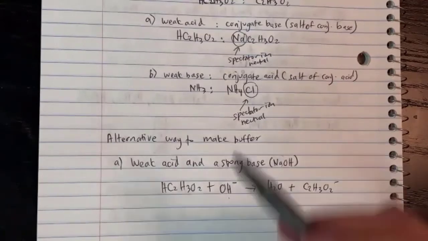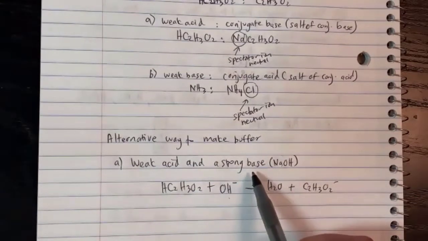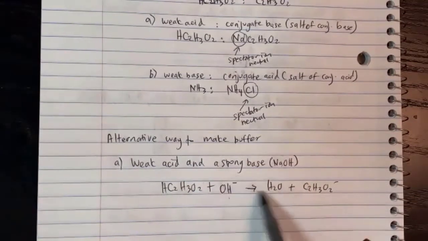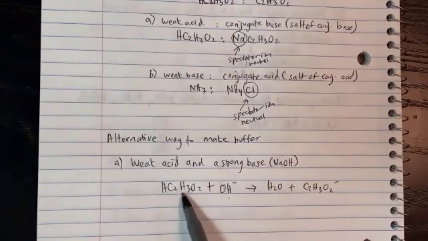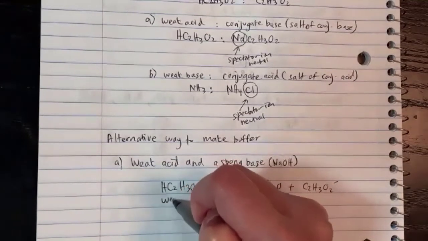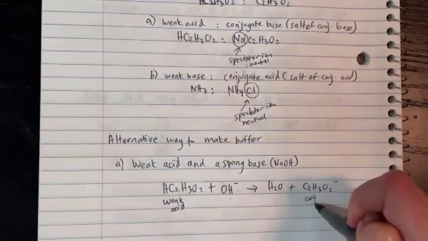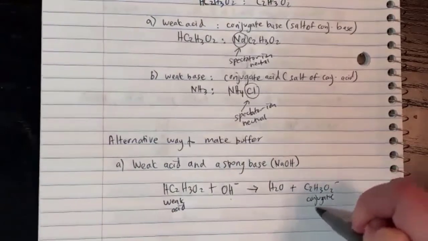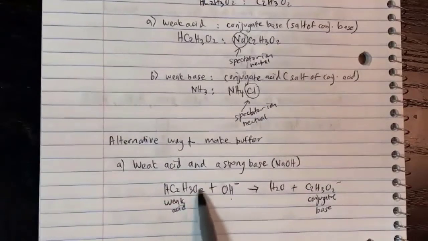Okay? So in this case here, even though you don't have the conjugate base, you can use sodium hydroxide, strong base, to force them to make some, self-sacrifice this guy to make some of this conjugate base. So in the end, you still have a weak acid and your conjugate base. You make it indirectly, okay? But it takes the sacrifice of this guy.